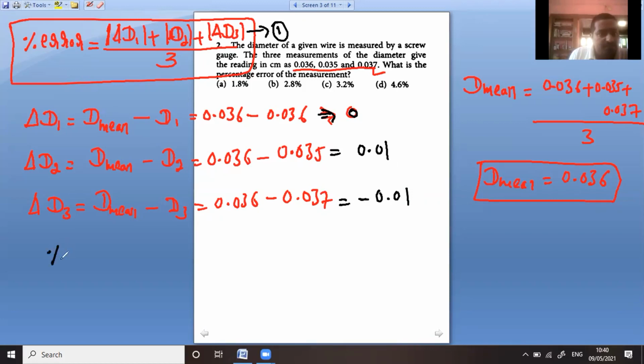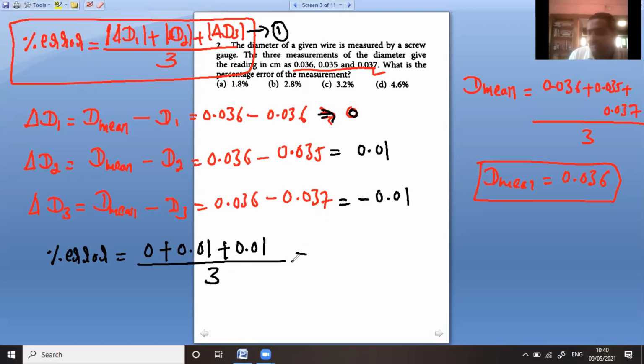So the percentage of the error is equal to mod, that means 0, plus mod delta d2, that is 0.001, plus modulus of delta d3, you have to neglect the minus sign, 0.001, divided by 3.